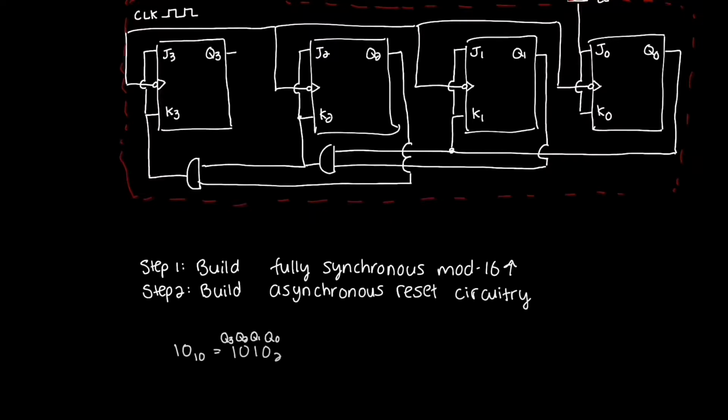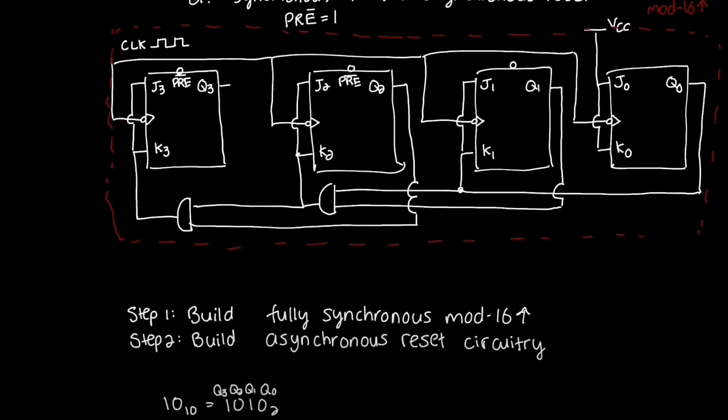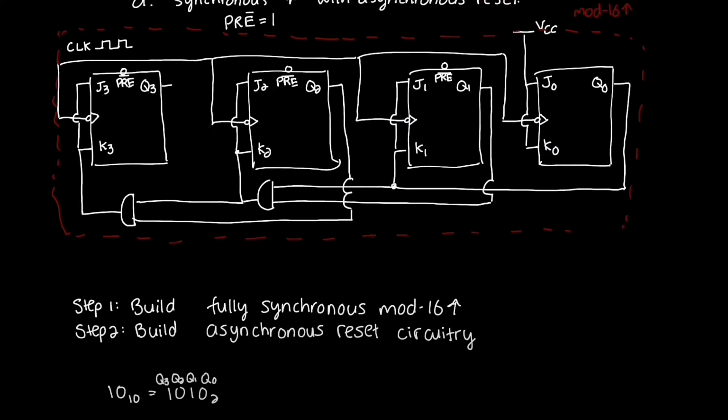So here's what I'm going to do. This is my preset. And remember that preset is wired to VCC, but I have not shown it. I've just indicated it over here, as it just gets messy if I show it wired to VCC, but I might do that just for the sake of consistency.